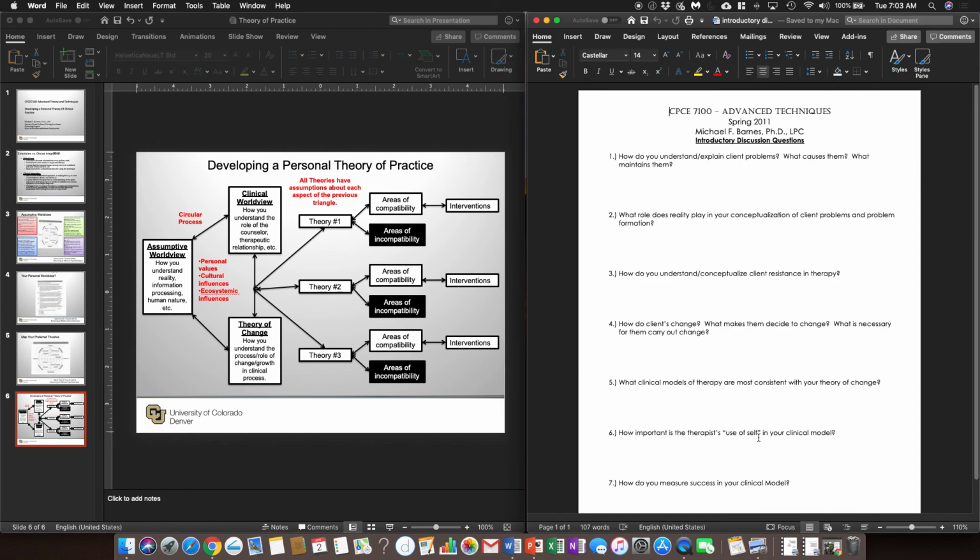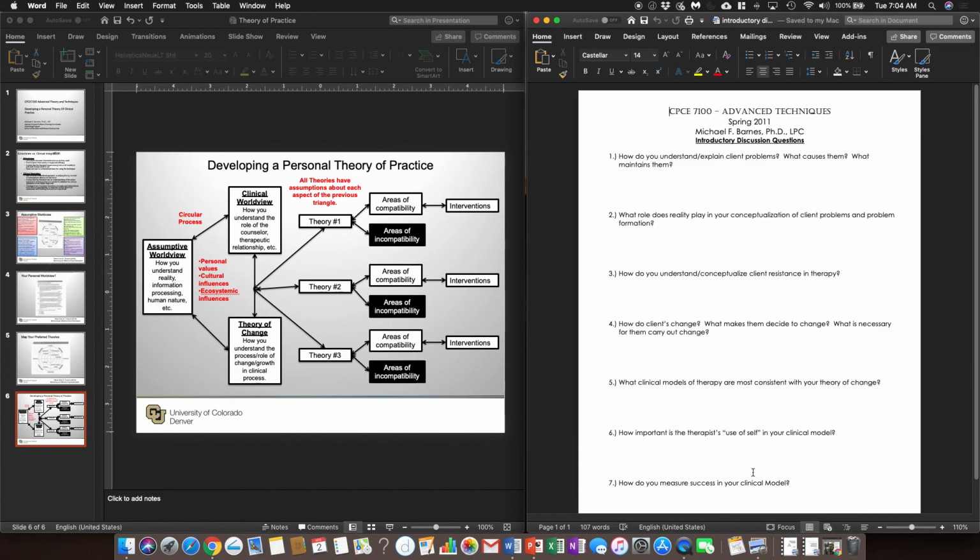Think about in addiction counseling the role of self-disclosure and how often clients will think, well, I need to be in therapy with someone who's been through this process, and that if you're not in recovery, they tend to look a little more skeptical at you. And so this idea of self-disclosure, use of self, willingness to kind of talk about some of your own personal struggles. Again, different theories of practice are going to look at this in very different ways.